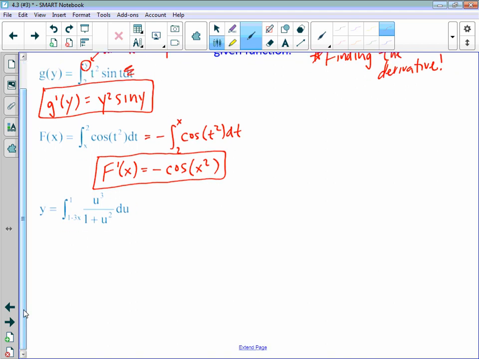Now here's where some people kind of forget sometimes, but first thing we want to do is get the x on the top, so we're going to go ahead and flip it, put a negative out front. Is that a minus 3x, right? Okay, then you're going to substitute this in for all of the u's there, so let's do that.